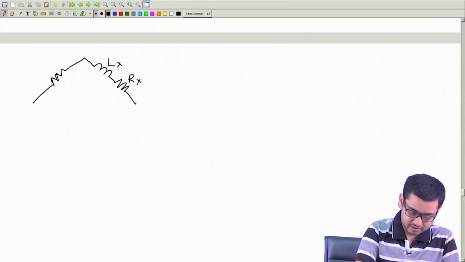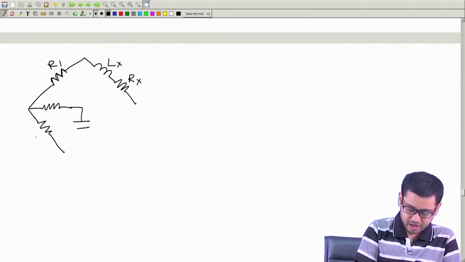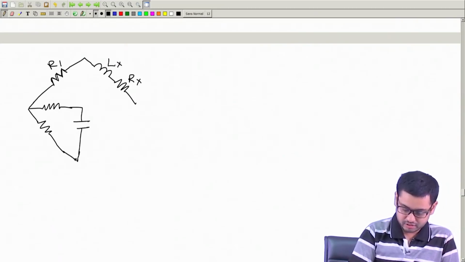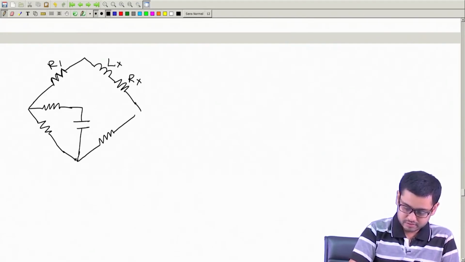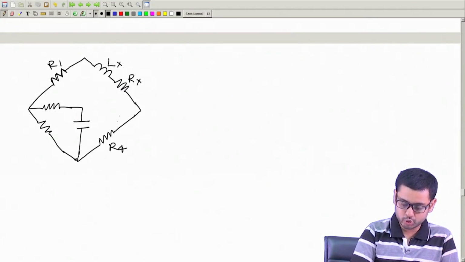This is R1, this we will call R4 according to the notation that we are using so far, 1, 2, 3, 4, but this part is peculiar.